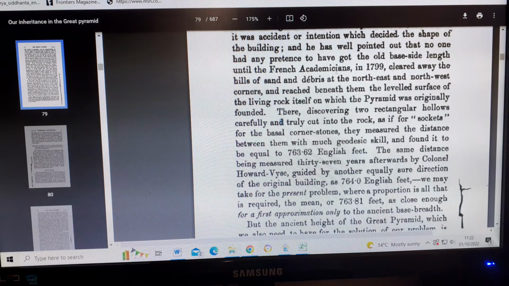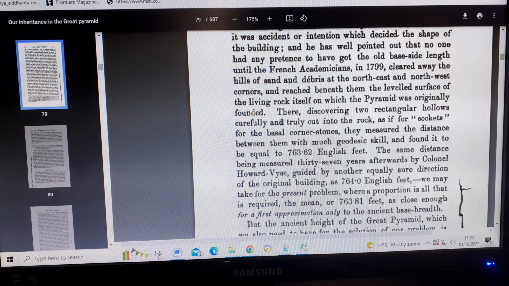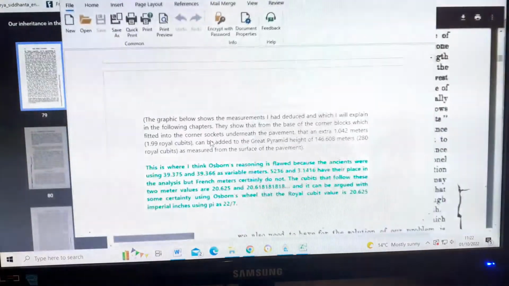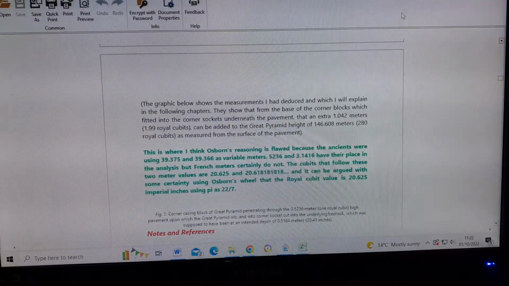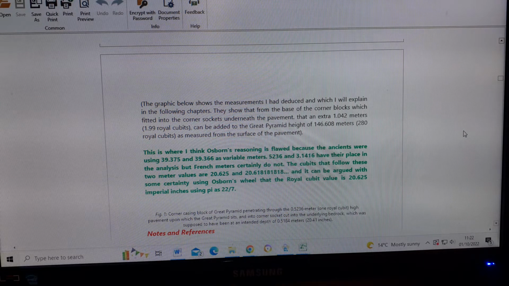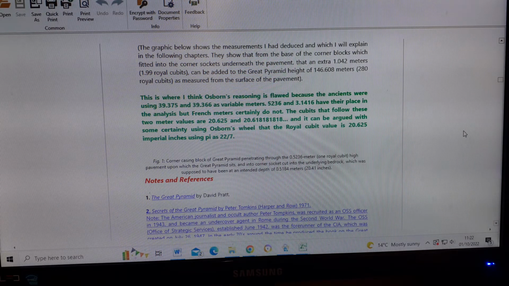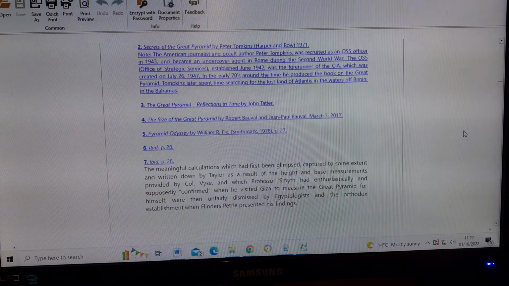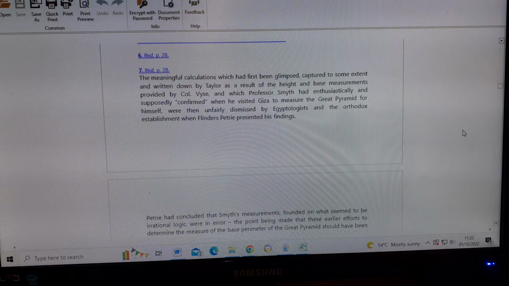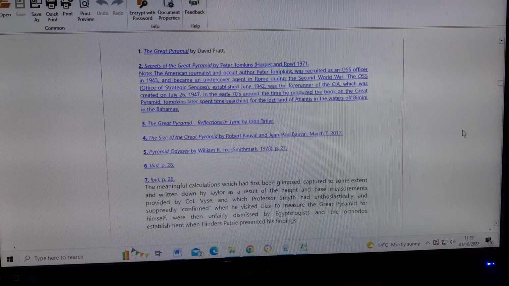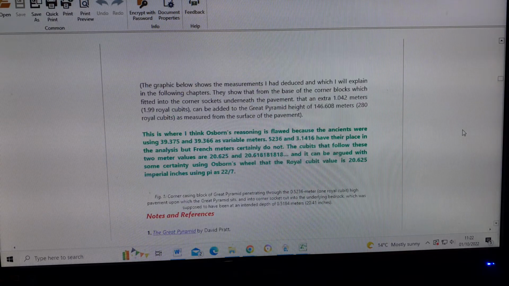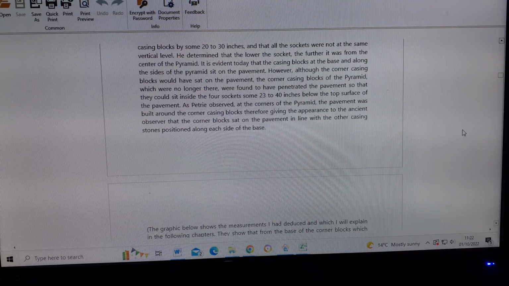And I've got a paper here written by Gary Osborne. Sorry, that's not it. This is it. Gary goes through what I've just read to you and determines the length of the base of the pyramid.